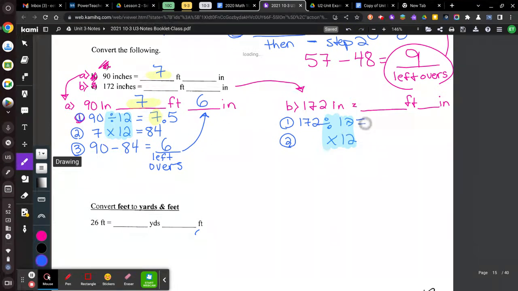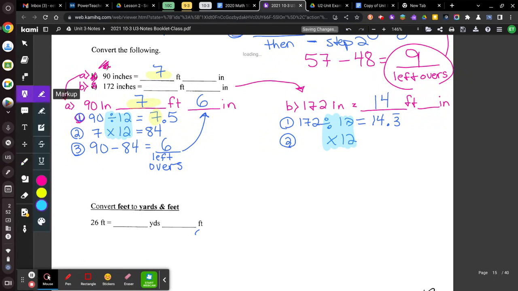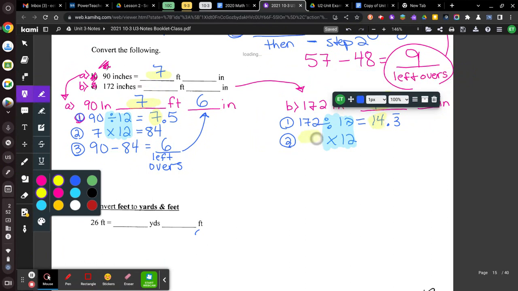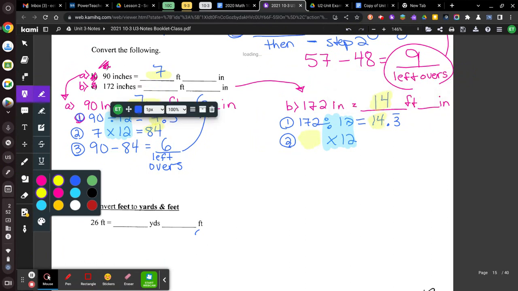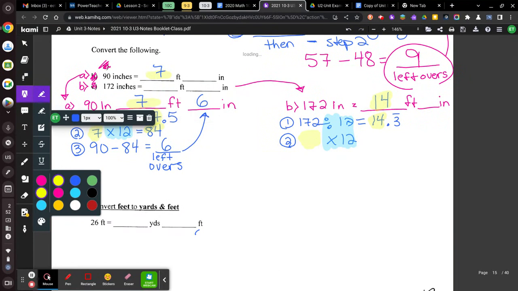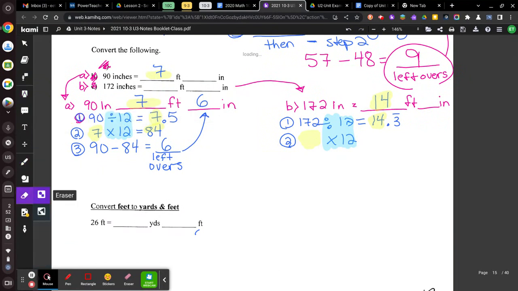Okay, when I divide by 12, the digit I'm going to get is 14.3 repeating. I don't care what the decimal on the end is. I want the digit in front. So the number 14 is my original feet, and that number gets put right here. Okay, so now I start with my 14 that I just found.